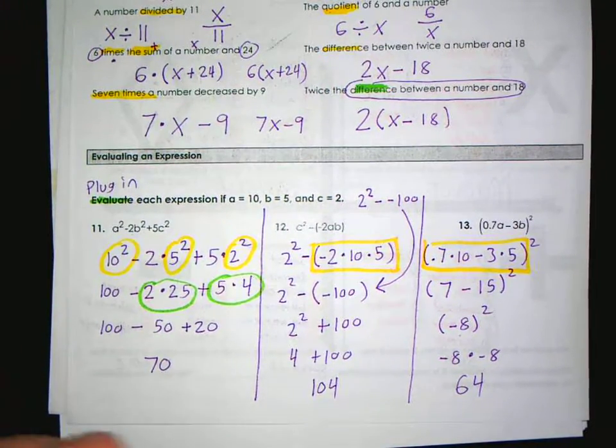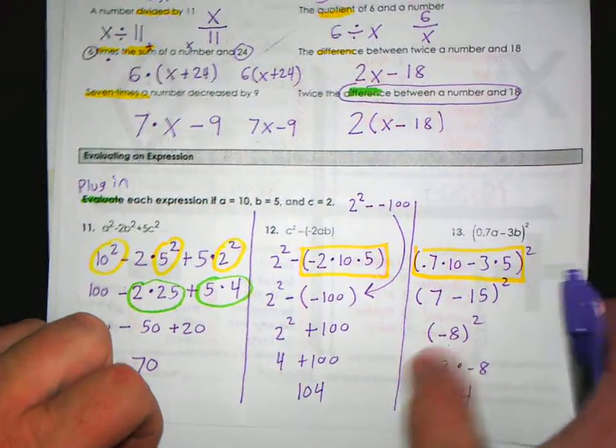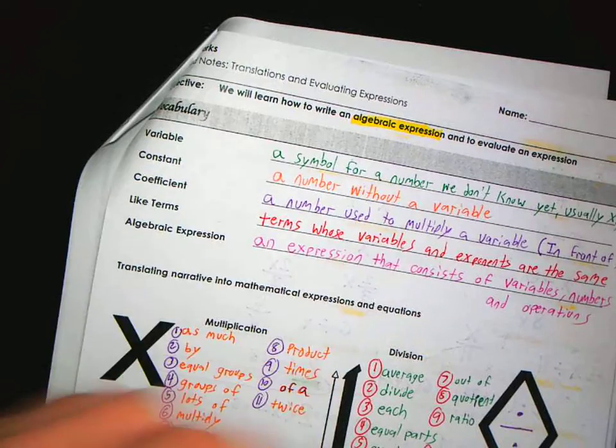All right. Well, that was a review. That probably would take a week or two to go over. Our target was an algebraic expression and how to evaluate an expression.